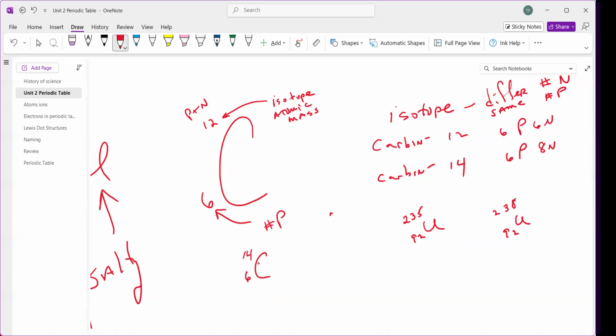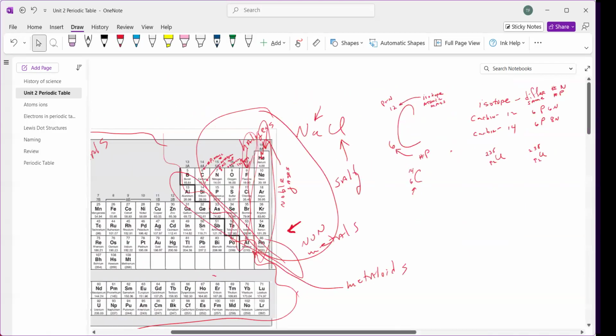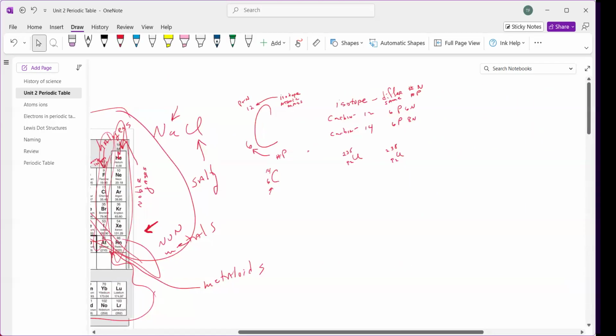And there are ways to write carbon 14. You write out the word carbon dash 14, or you write it like this. Now in this worksheet, you're going to be doing both. Okay, so does this isotope stuff make sense?